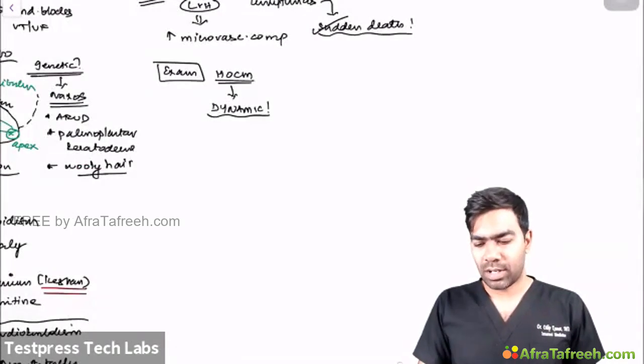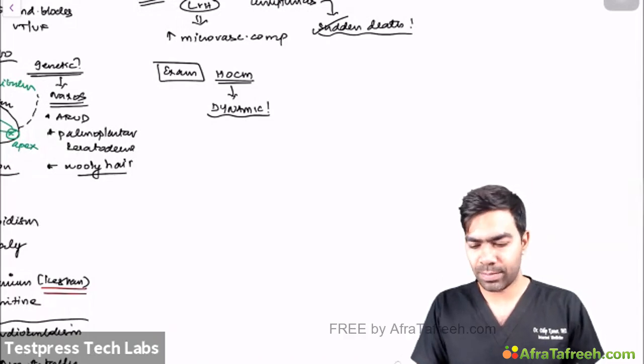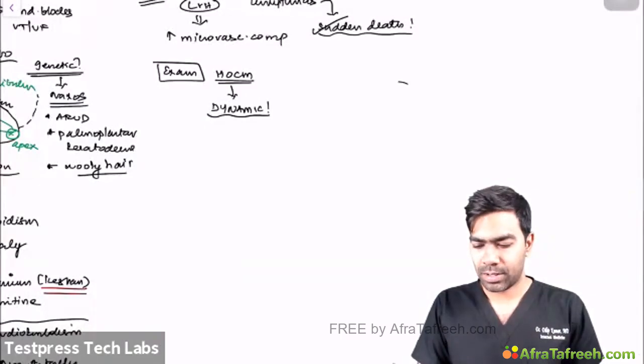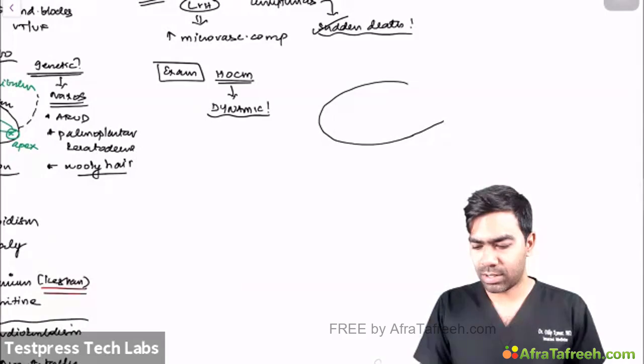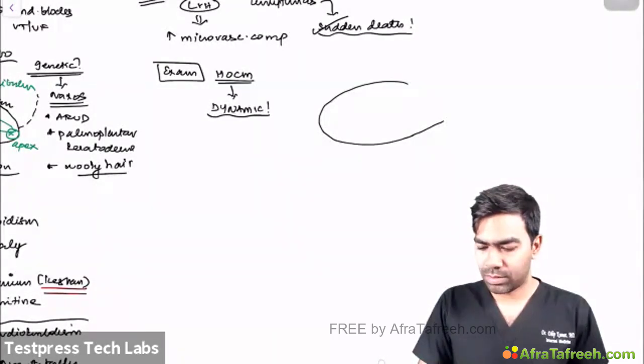How can you explain this dynamicity? My best view will be the parasternal long axis view. I can draw the heart like this in parasternal long axis view. Let me draw the left atrium here.